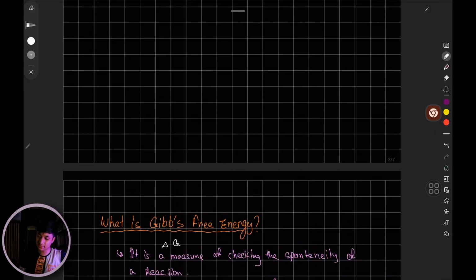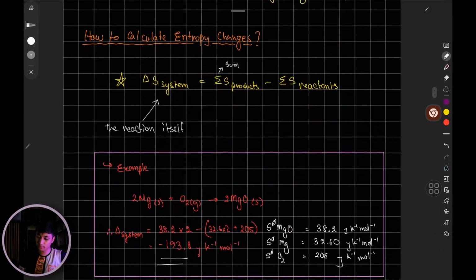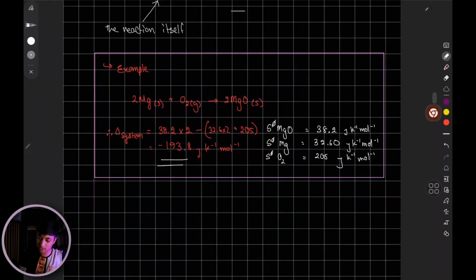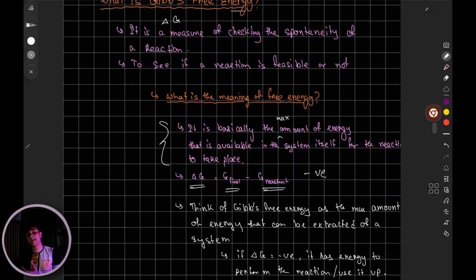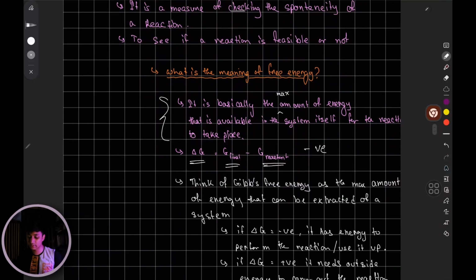Therefore, if your system consists of magnesium and oxygen, do they have enough Gibbs free energy to carry out the reaction and form magnesium oxide?